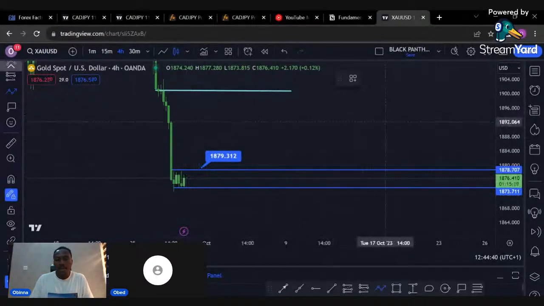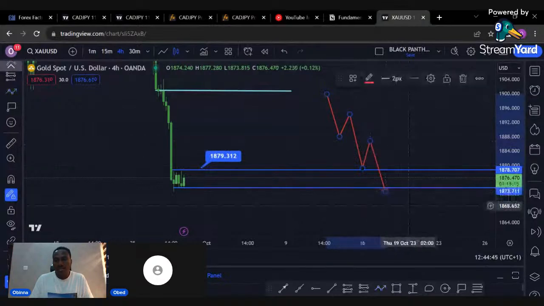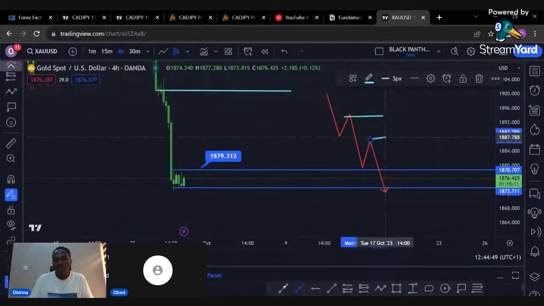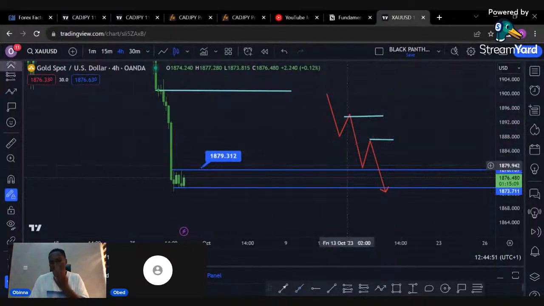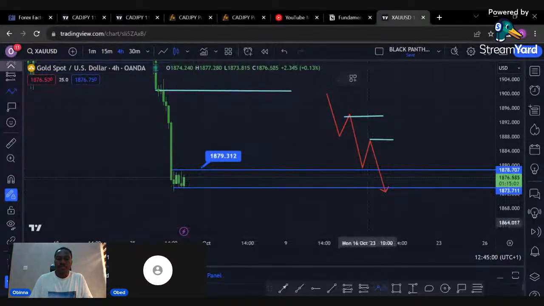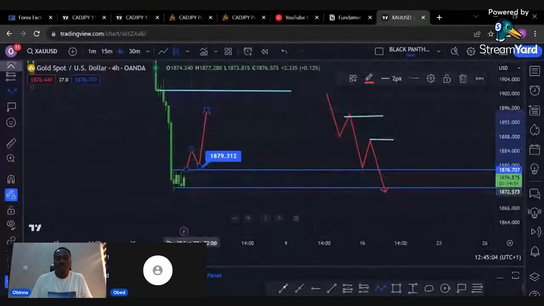And what I mean by a new lower high is it needs to make a clear reason for you to see that it will continue going down. This is a lower high. So for now, I'll say for gold, I'm not seeing anything useful. So you want to see it break here to look for buys, or you want to see it break here to look for sells.